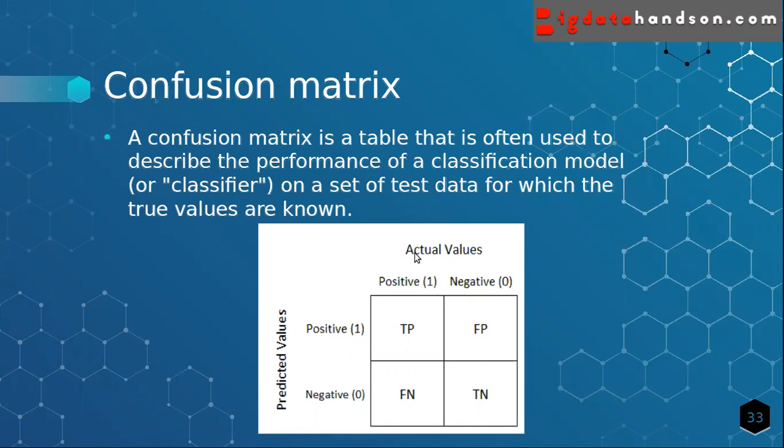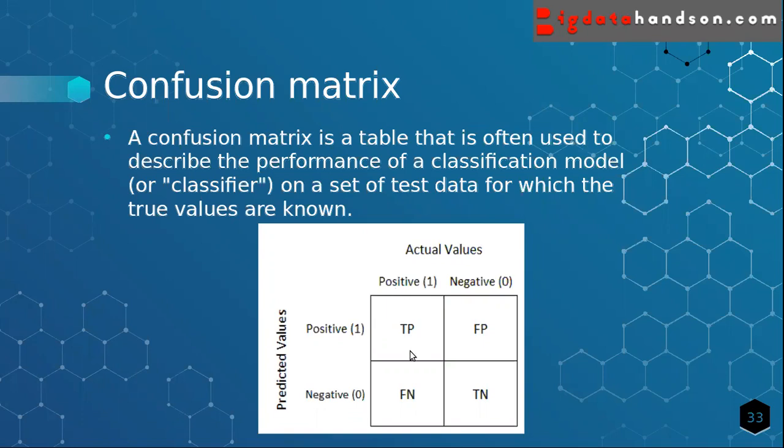The actual value has two options, positive and negative, and the predicted value also has two, positive and negative. For example, let's take this block. We have TP, true positive. True positive means the actual is class 1 and the prediction is also class 1, that is a correct prediction.